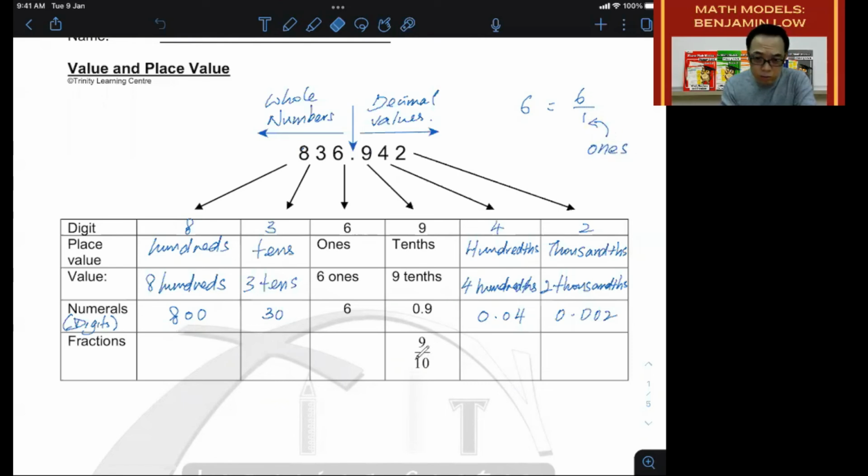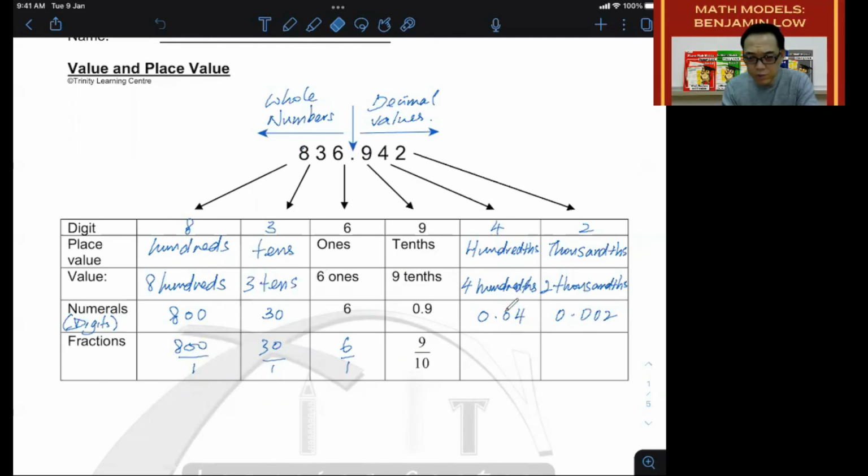Just like how the 10 here represent tens, then the 1 here represent ones. Okay, so in that sense, this would be 6 out of 1, 6 ones, 30 ones, and 800 ones.